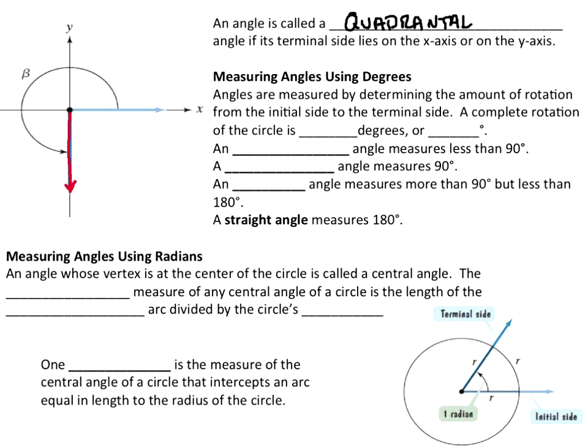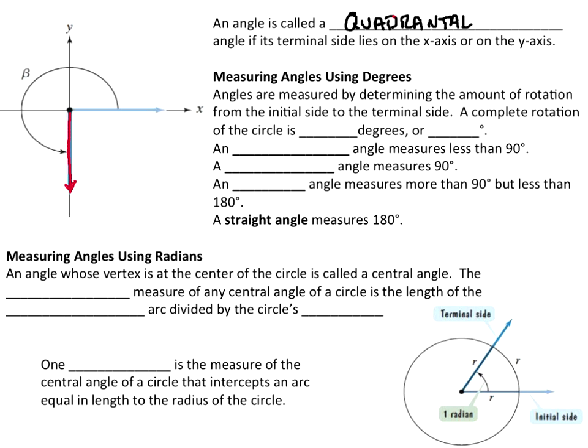I misspelled this, no, I didn't, I'm good, quadrantal. I was thinking about why they would call that quadrantal. Well, you have the quadrants, obviously, of the Cartesian plane here.